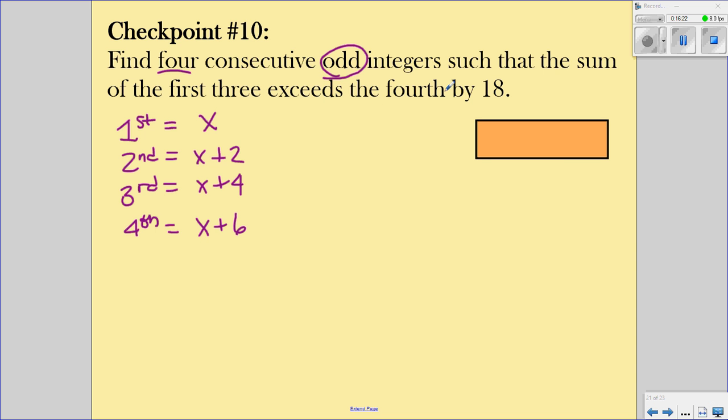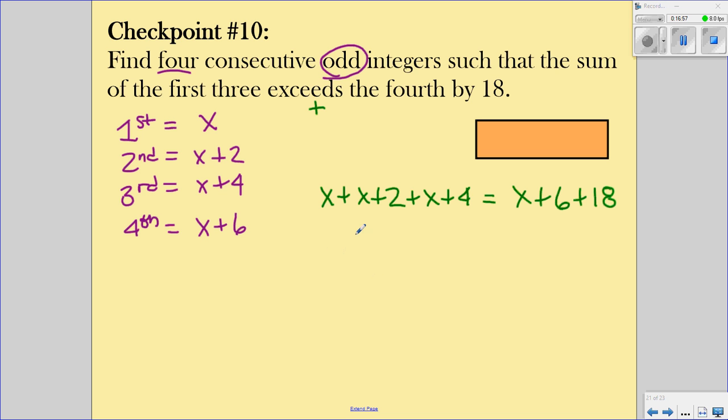Okay, now they say such that the sum of the first 3, so add in the first 3, exceeds the fourth by 18. So the fourth by 18. So now exceed means add in.